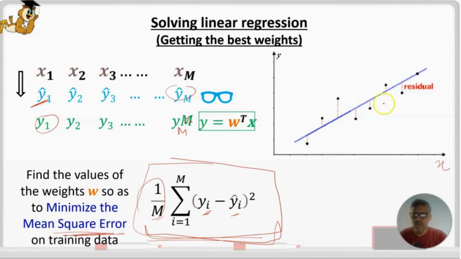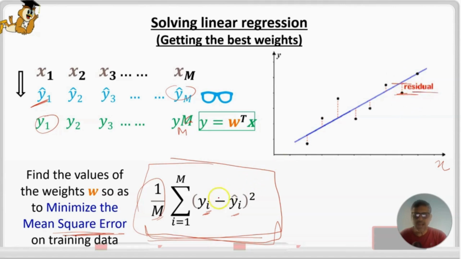Now, suppose you were to come up with this hyperplane, which in 2 dimensions is just a line which I have drawn. The difference between the computed value of y and the observed value of y is called the residual.